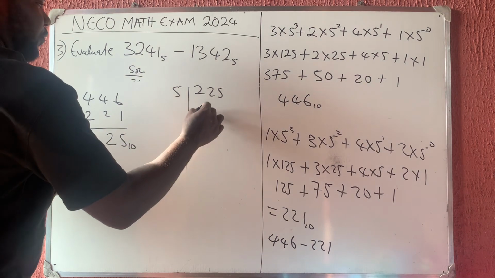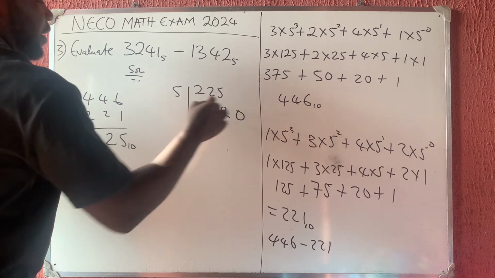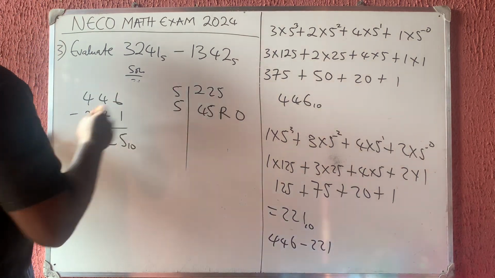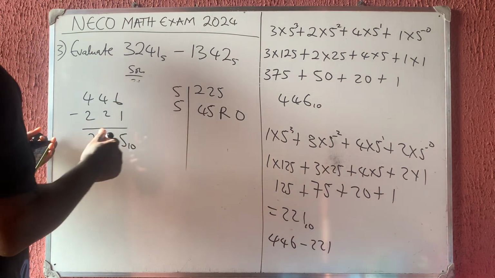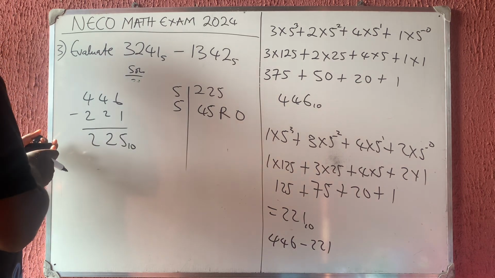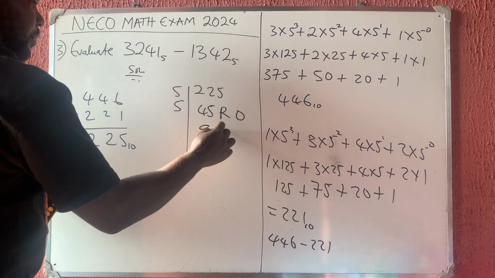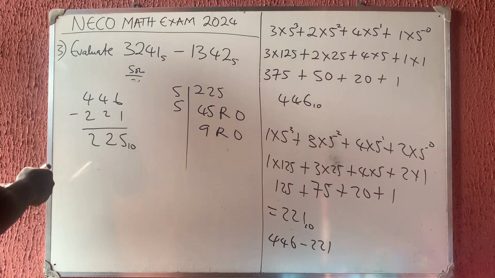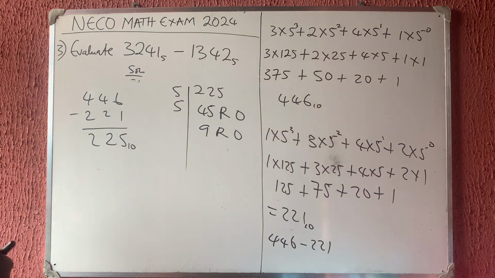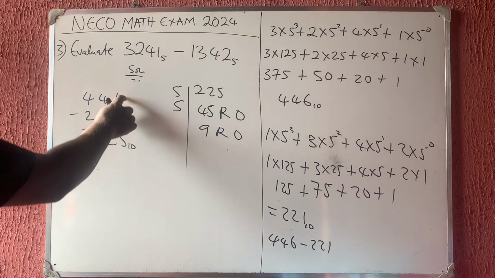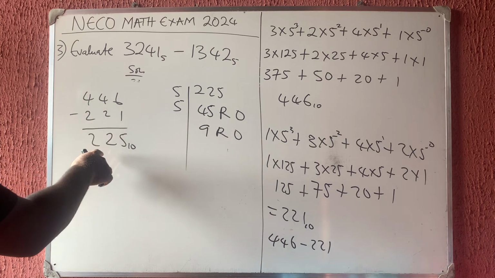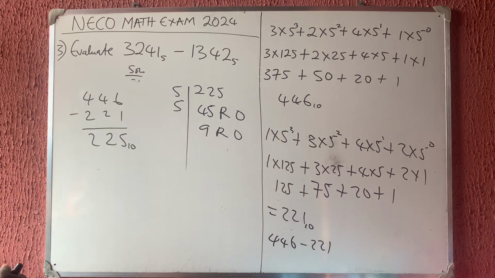I'm having 45 remainder 0. Dividing by 5 again, I'm going to have 9 remainder 0. I think there should be an error somewhere.